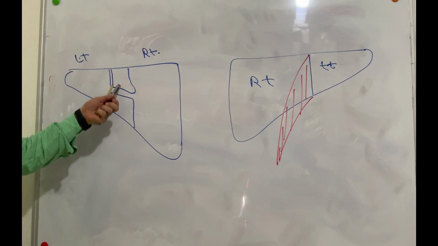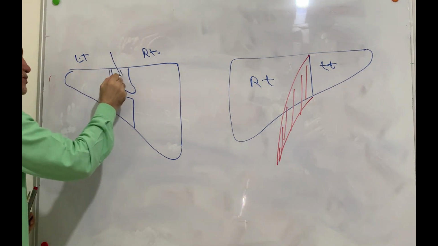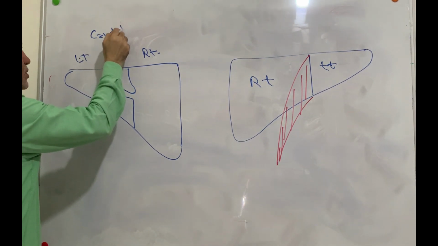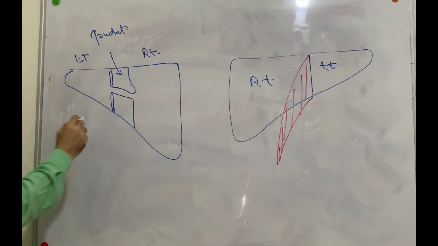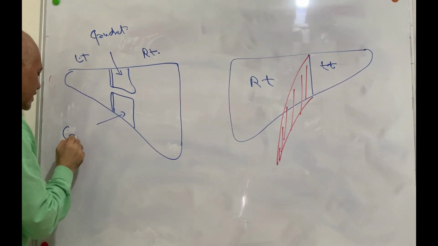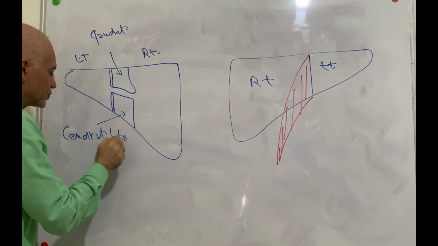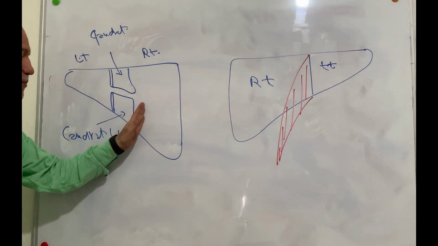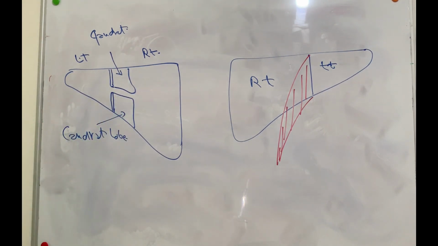These two lobes are related to the right lobe. This lobe is called the caudate lobe, and this lobe is called the quadrate lobe.